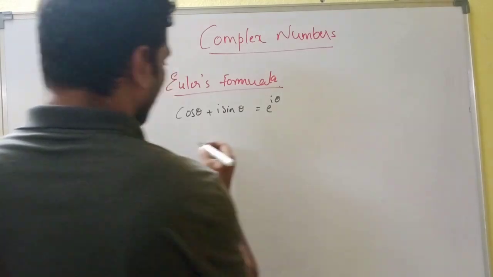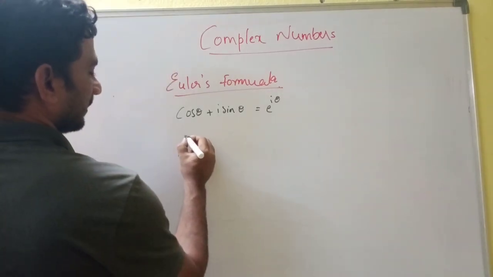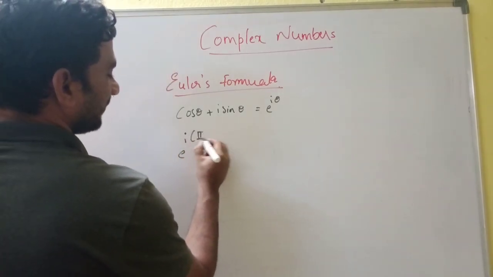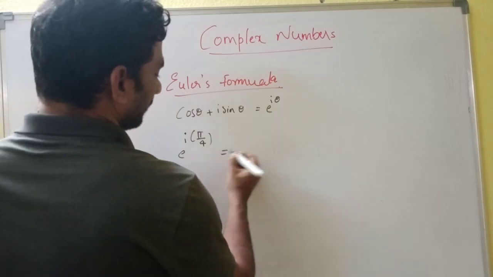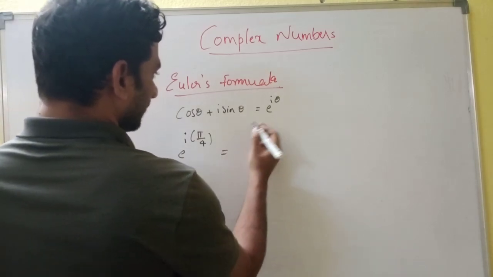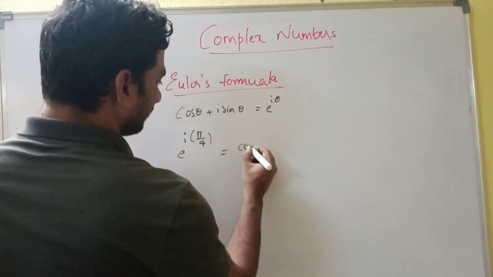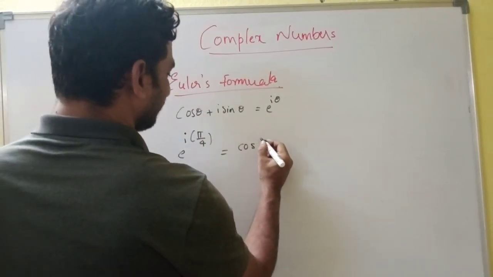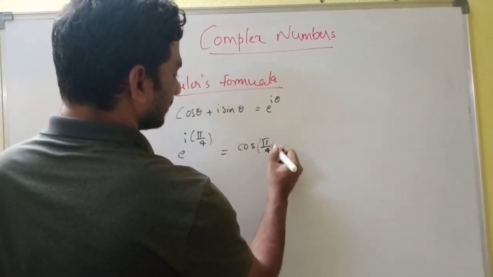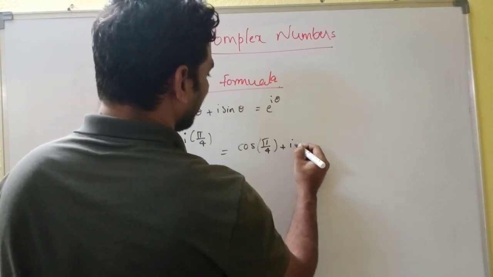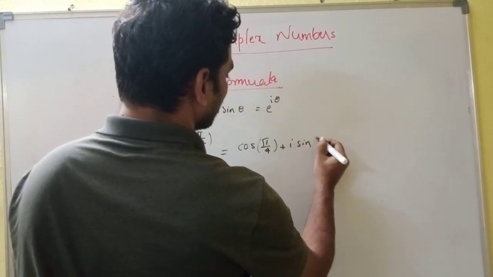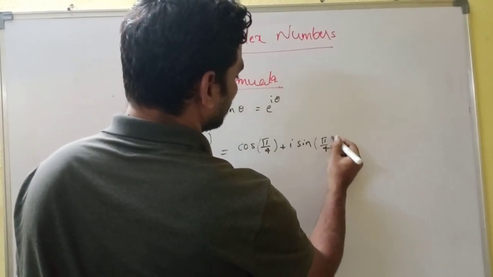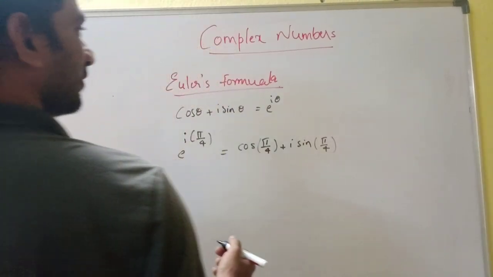So if it is given as e power i into theta, say theta is pi by 4, what will this become? It equals cos of pi by 4 plus i sin of pi by 4.